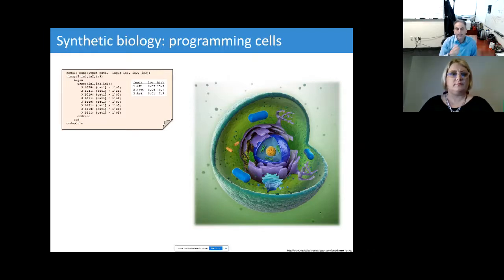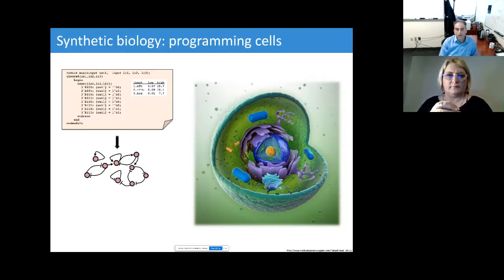I can take this description of a program or behavior and convert that to a regulatory network. This would be an abstract regulatory network that in principle might be able to be implemented inside the cell. When this network is put inside the cell, it allows us to reprogram what the cell is doing.